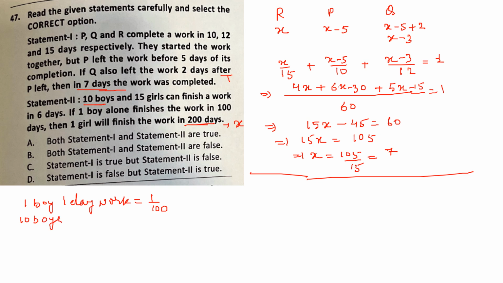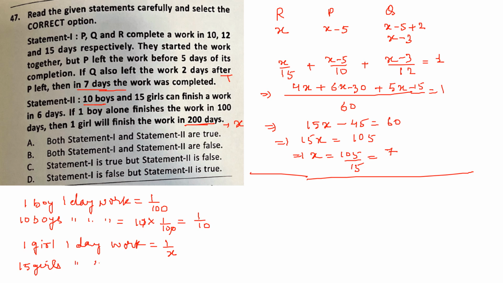One boy's 1 day work is 1 by 100, so 10 boys' 1 day work will be 10 into 1 by 100, which will give me 1 by 10. Now one girl's 1 day work. I have assumed that the girl will finish the work in X days, so one girl's 1 day work will be 1 by X. So 15 girls' 1 day work.